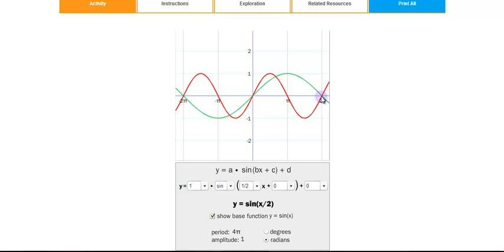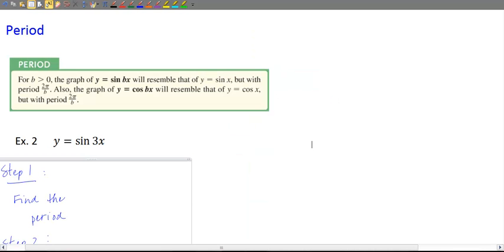So this time I ended up stretching this thing horizontally. So for us in this class, for trig functions, anytime I compress or stretch horizontally, we're talking about the period and when I get to see the entire picture.